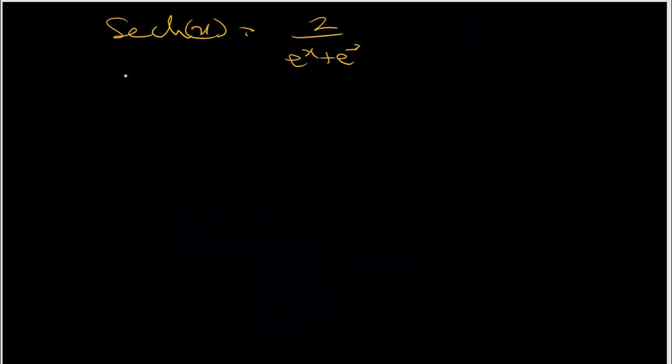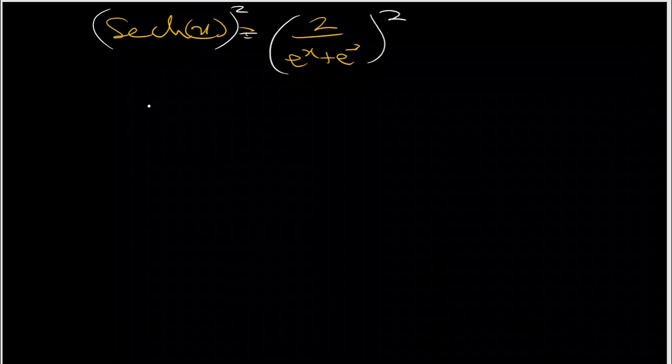So if we want to find sech square x, we are actually going to square both sides. This side squared is equal to this side squared.